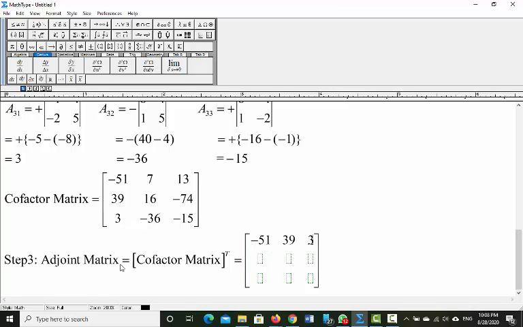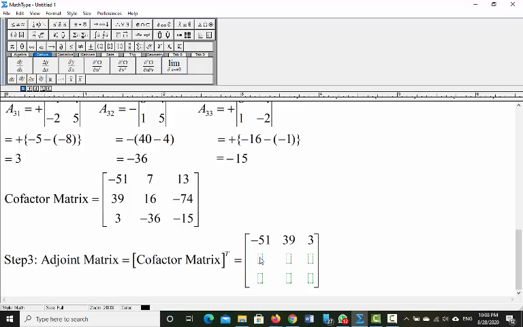So that means adjoint matrix is transpose of the cofactor matrix. That means transpose means row will become column, column will become row. So this is the first column of the cofactor matrix, first column will become first row. So minus 51, 39, 3 will become the first row. Now second column will become the second row.